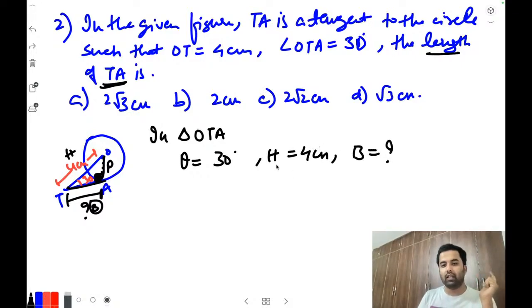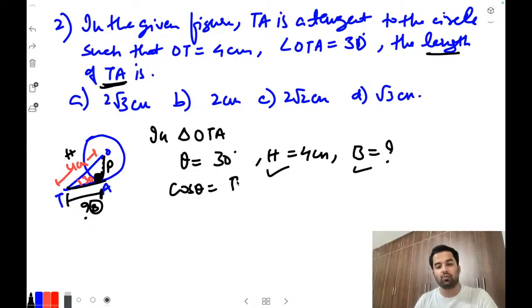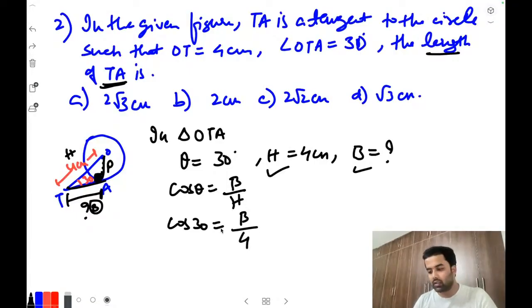According to h and b, what are you going to apply here? Tell me. Obviously you will apply cos theta. Cos theta ratio is b by h. Correct? Keep the value. Cos 30 is equal to b, h will be 4. Cos 30 is root 3 by 2, so root 3 by 2 equals b by 4.